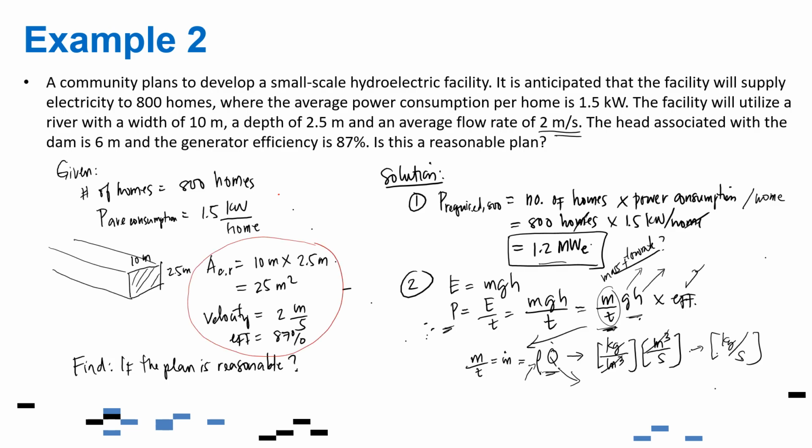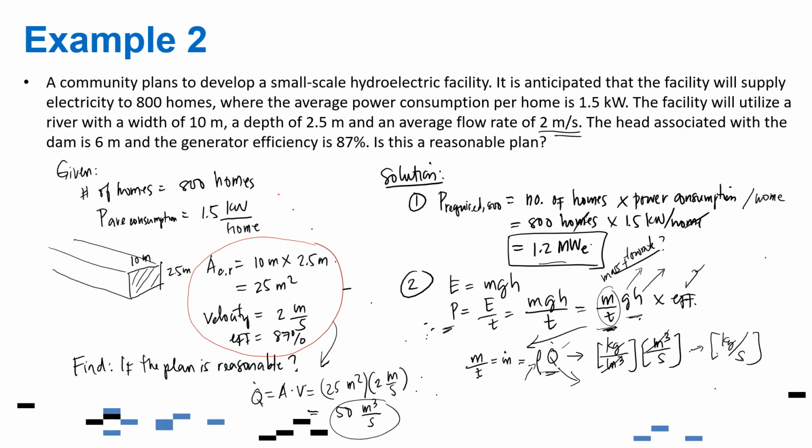So Q dot is equal to area times velocity, which in this case is 25 square meters times the velocity of 2 meters per second. So we get 50 cubic meters per second. So that is now Q, and Q is now known.